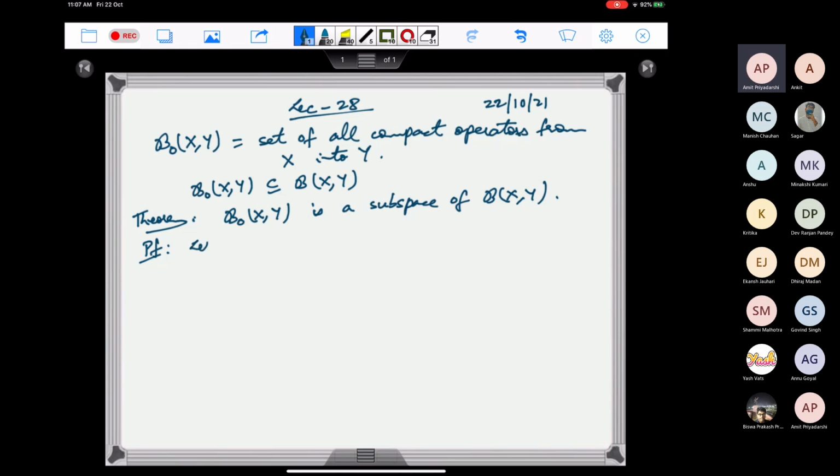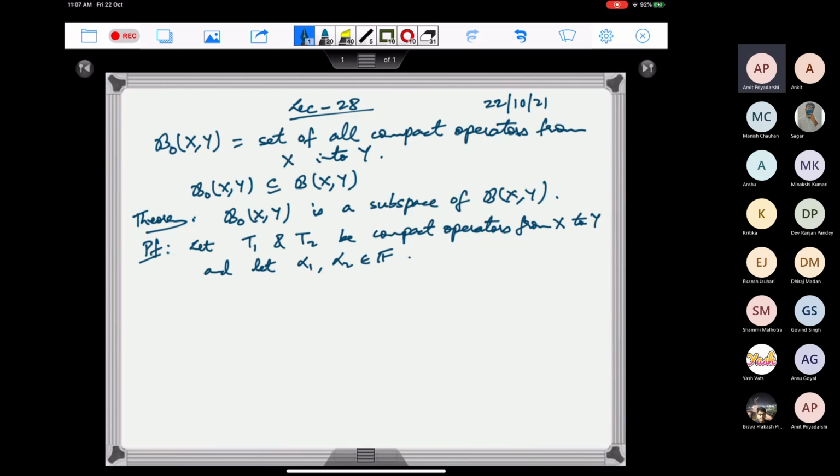Let T1 and T2 be compact operators from X to Y, and let alpha 1, alpha 2 be scalars.